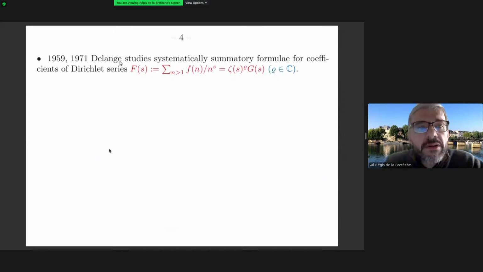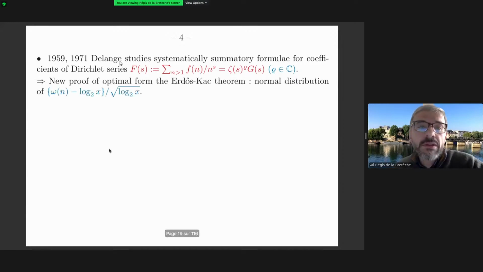Then after, Delange studies systematically summatory formulas for coefficients of Dirichlet series which are close to zeta of s power rho. So this gives a new proof of the Erdős-Kac theorem.